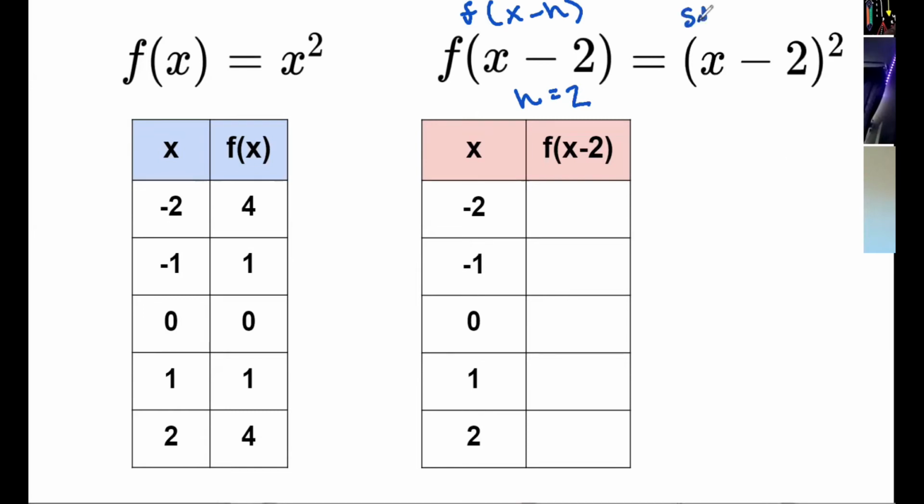So we're going to go ahead and substitute it by x minus 2, wherever there's an x. So in this particular example, there's only one x here. So instead of just writing x by itself, we're now writing x minus 2. Okay, so we're going to go ahead and compute now what that value is for each of our domains. So for -2, -1, 0, 1, and 2.